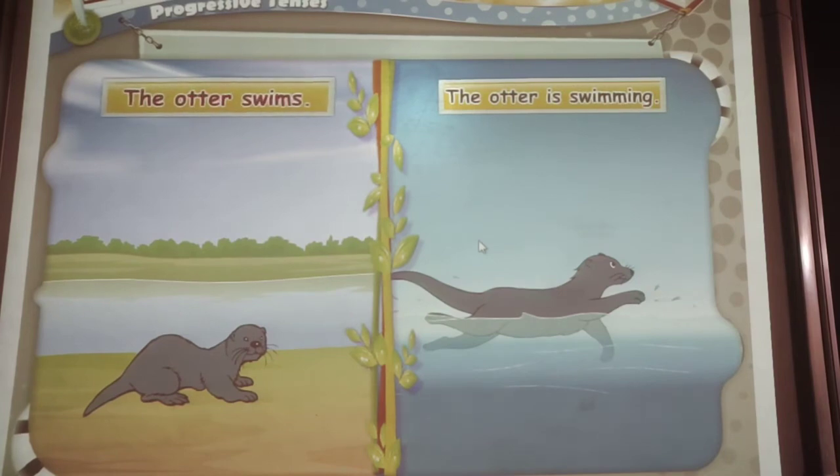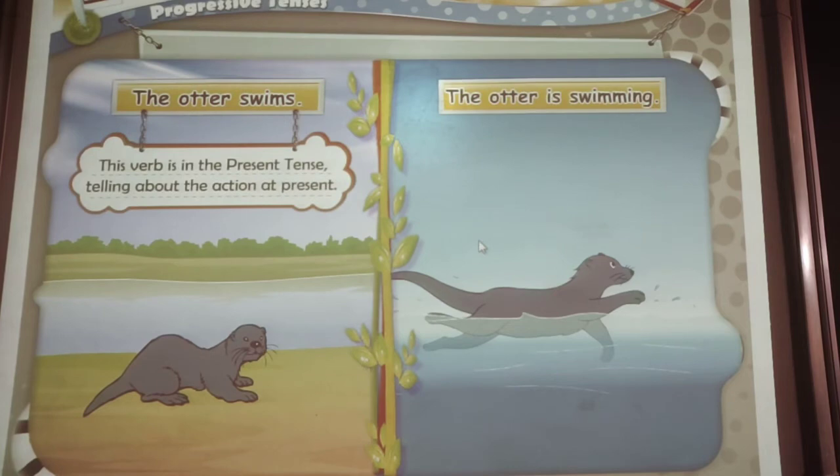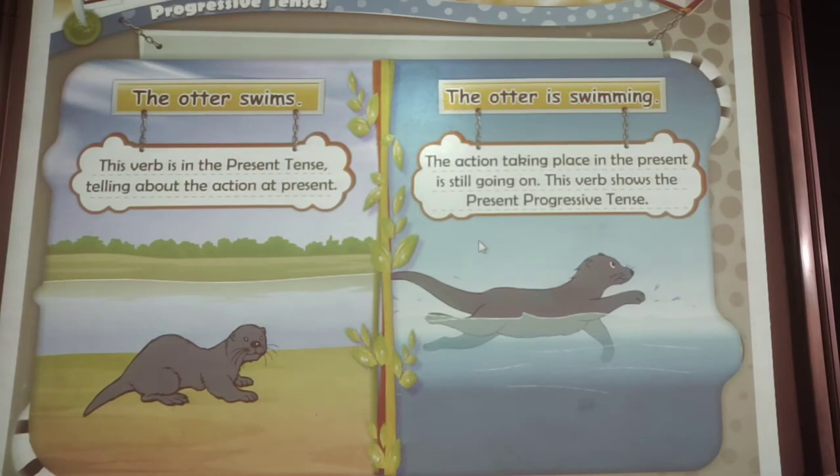The otter swims. This verb is in the present tense, telling about the action at present. The otter is swimming. The action taking place in the present is still going on. This verb shows the present progressive tense.